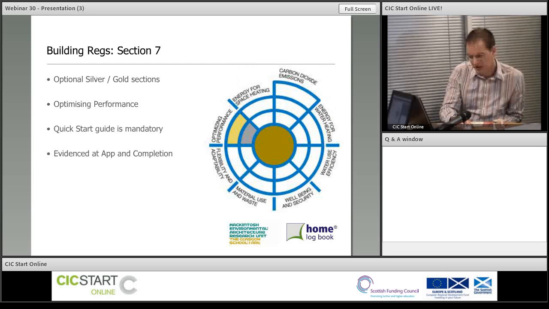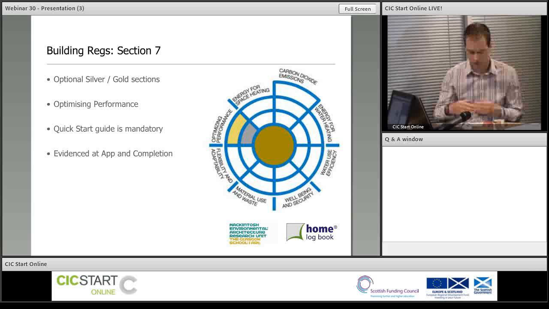And in 2010, that was incorporated into the building regulations. The gold and silver standard are optional currently within Section 7 of the building regulations. There's a section about optimizing performance, and the Quick Start Guide is a mandatory part of that.